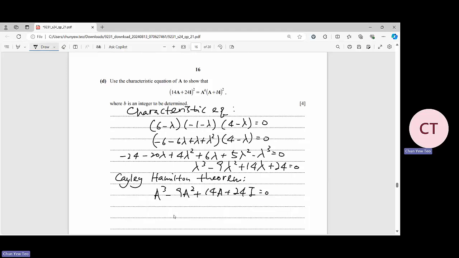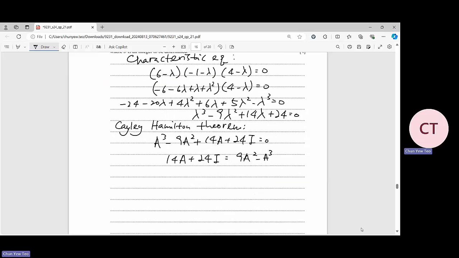We can make this become 14A plus 24I equals 9A squared minus A cubed. But the question wanted to square it. So if they want to square it, just put a square on both sides. You square both sides, you factorize the square out first, you get 9I minus A, then you square it.